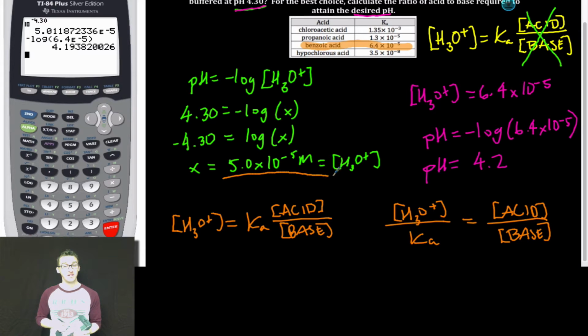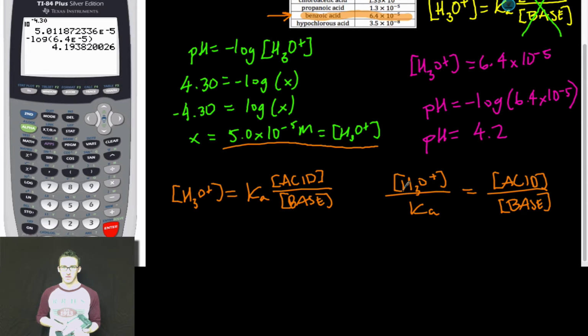And because we know the hydronium ion concentration that we want our buffer to have, and we know the Ka of our weak acid, we can determine the ratio of weak acid to conjugate base needed to obtain the pH that's desired. So the hydronium ion concentration that we want, 5.0 times 10 to the minus 5, over our Ka, 6.4 times 10 to the minus 5, that's going to equal our ratio between our weak acid, benzoic acid, and its conjugate base, the benzoate ion.